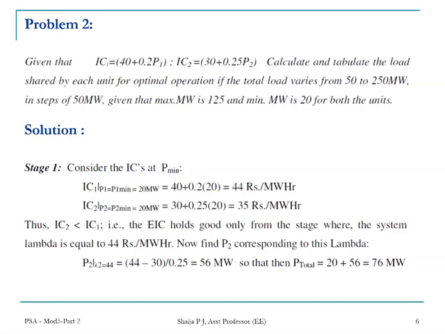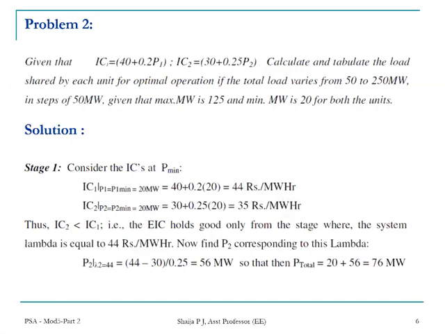So until 76 megawatt total load, or a system lambda of 44, equal incremental cost will not be feasible. That means unit 1 will work at its minimum load of 20 megawatt, and all the additional load is shared by unit 2 alone, till the system lambda equals 44.